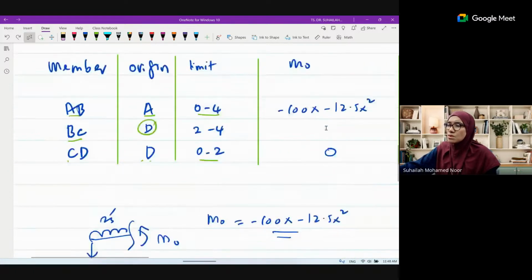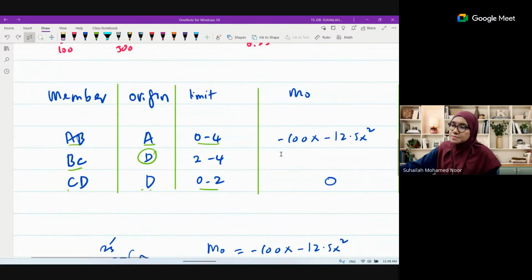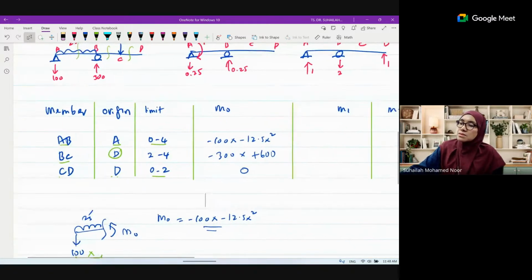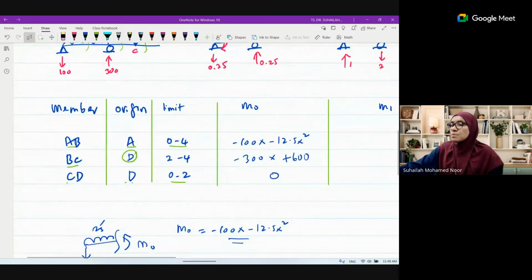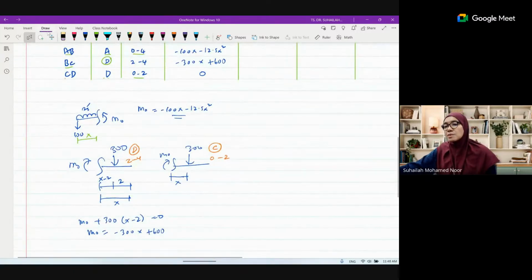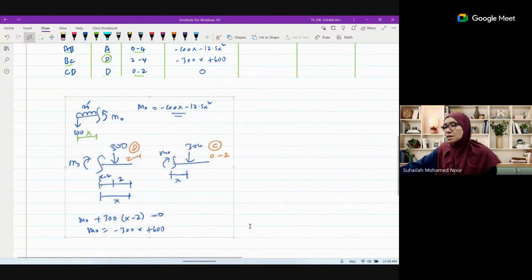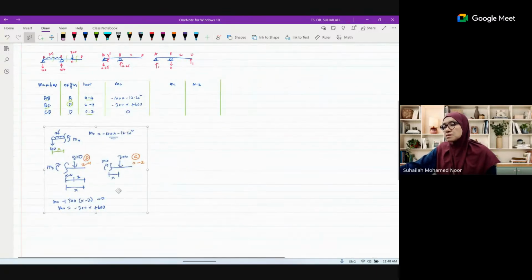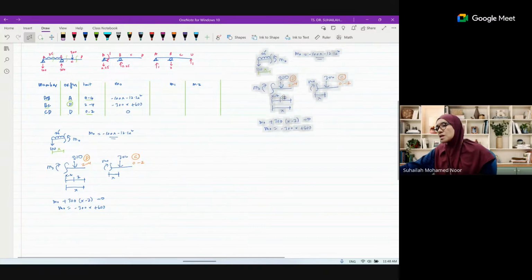So this is for this one. Okay, so we have settled the primary beam. This is the equation. I keep it at the side, so refer to the side.